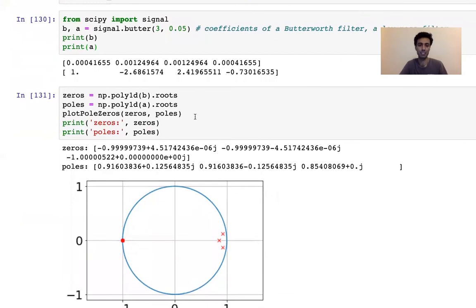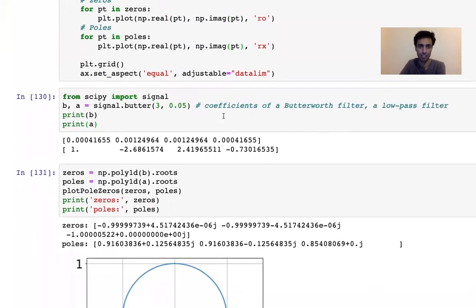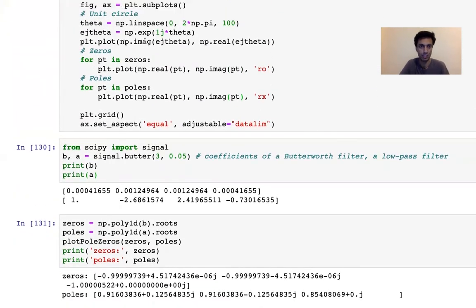Yes, this is correct. Because my coefficients are real, how could the poles not be complex conjugates of each other? So this is the right representation. Basically, I made some mistake in the labels here. Anyways, this one is fine.